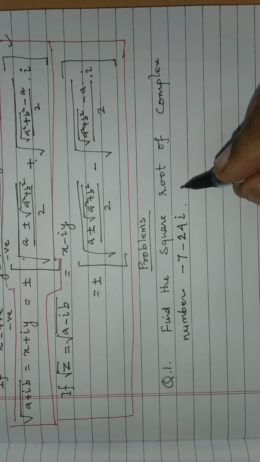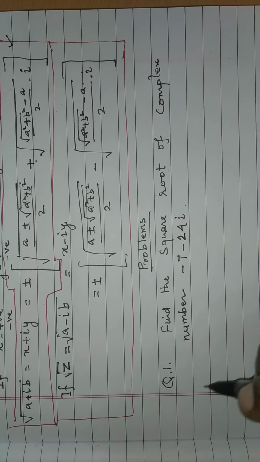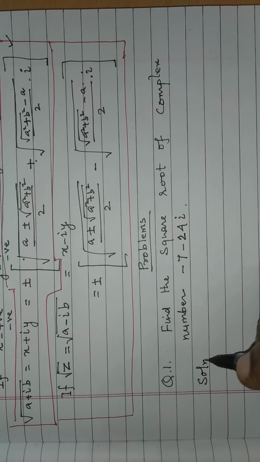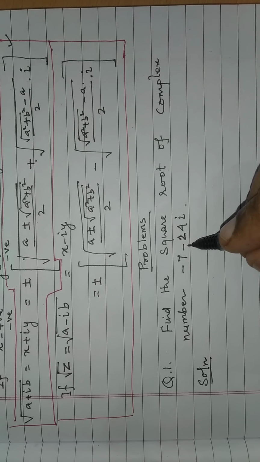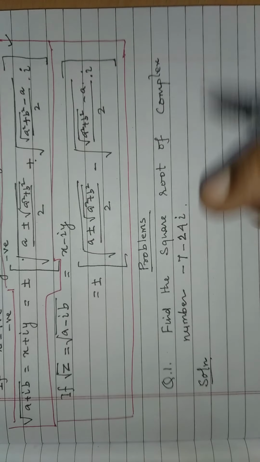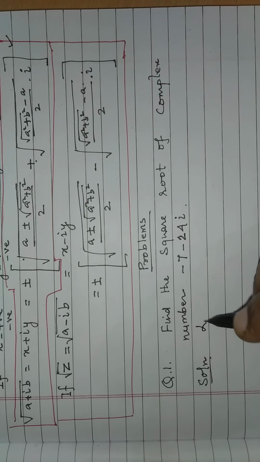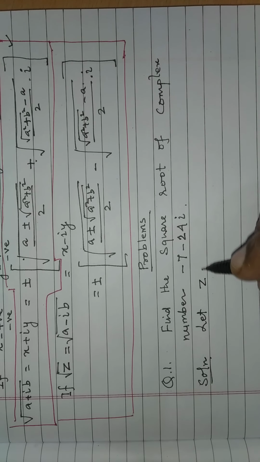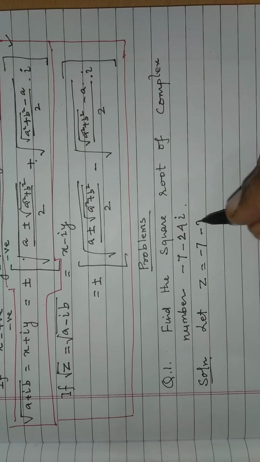Solution: here is a minus sign, so we will use this formula. Let z be equal to -7 minus 24i.